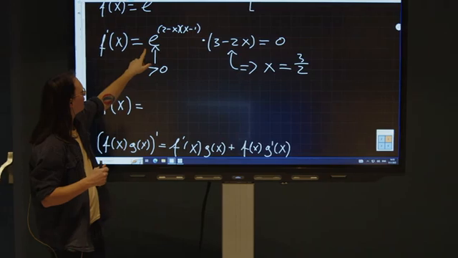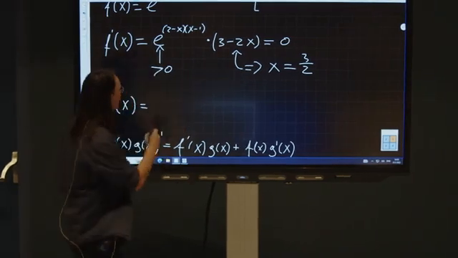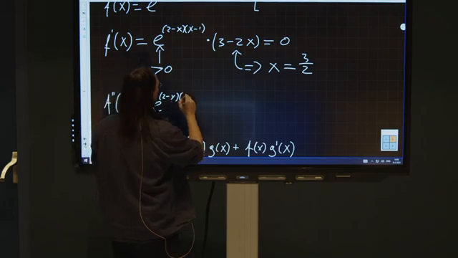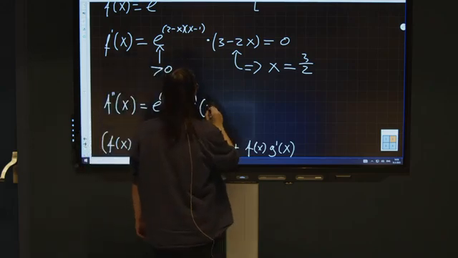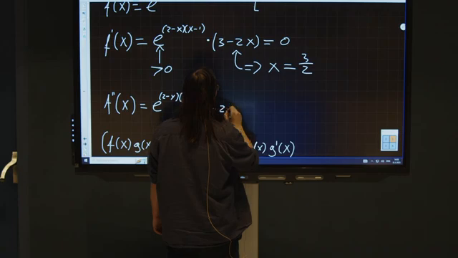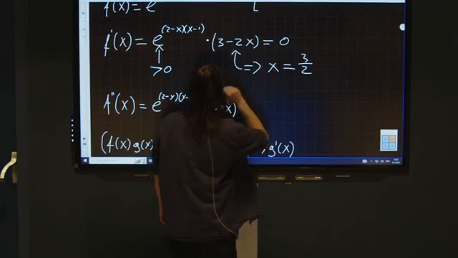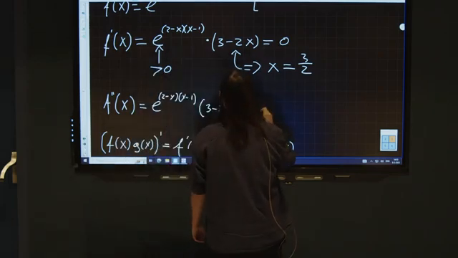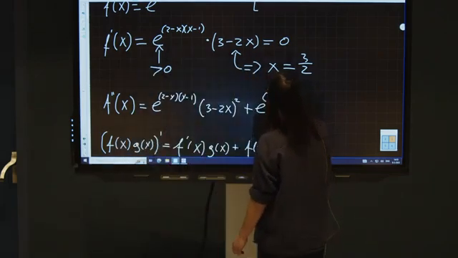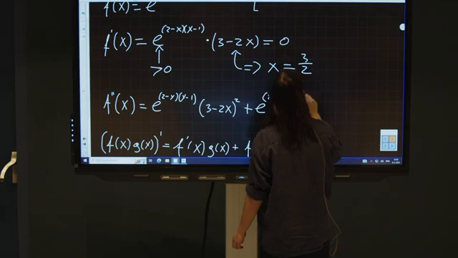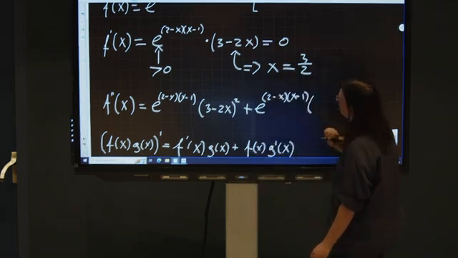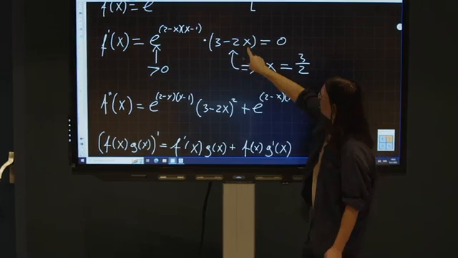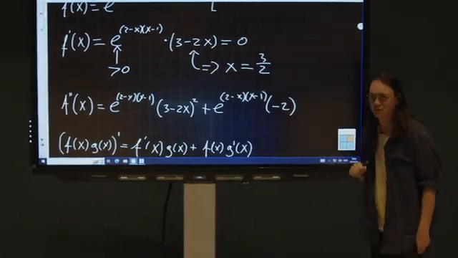But the derivative of this first factor is this whole thing. And so that just gives us this. And then we get plus e to the power 2 minus x, x minus 1, times minus 2, right? That's the derivative of this part, it's just minus 2.